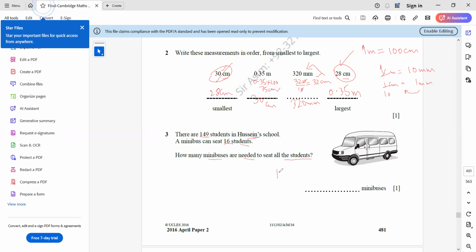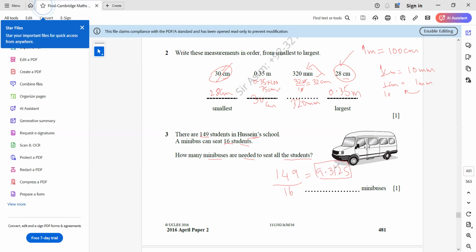That means we need to divide 149 by 16. Since this is the calculator version, paper 2, we can easily use the calculator to solve this. 149 divided by 16 is 9.3125.